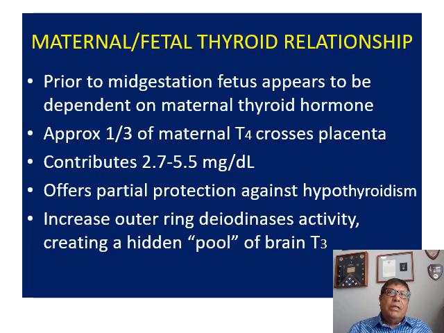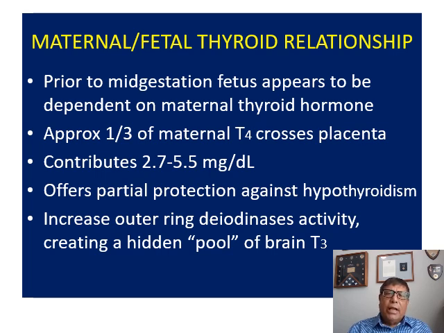Approximately 30% or one-third of the maternal T4 crosses the placenta. That usually contributes about 2.7 to 5.5 micrograms per deciliter pool of thyroid hormone. That offers, very important, a partial protection against congenital hypothyroidism.